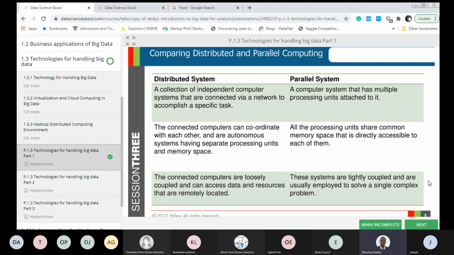Even though they are interconnected, the job that you have is assigned to each of those independent autonomous systems within the network. So they have separate memory space, separate processor, separate hard disk space. So you can disconnect them from the network, and the distributed system is still going to continue operating.